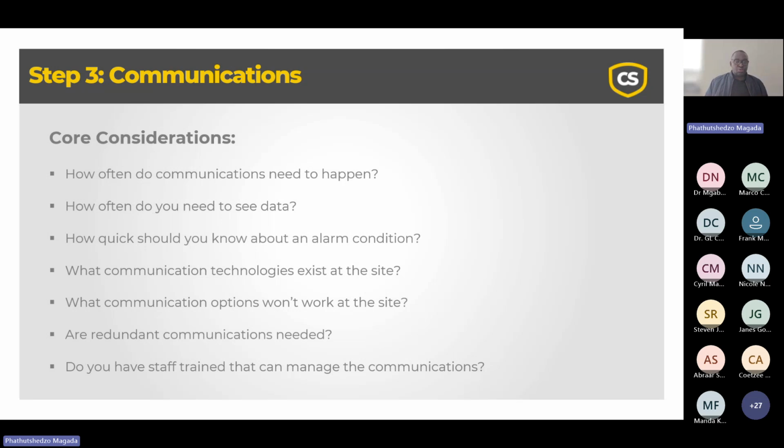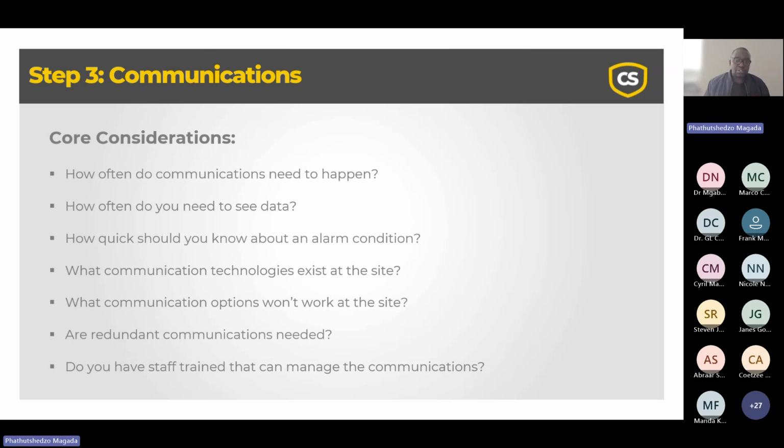So in selecting the right communication channel, we need to ask ourselves several questions. How often does communication need to happen? How often do you need to see data? How quickly should you know about an alarm condition? What communication technology exists at the site?